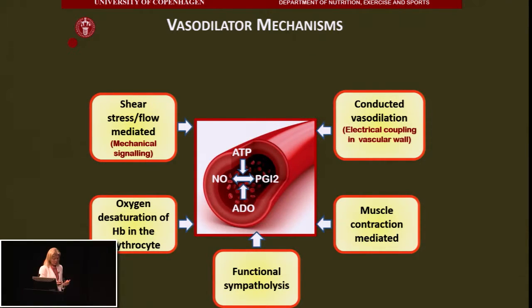We won't go through them in detail, but just to mention some, we have mechanical signaling here, so shear stress, flow mediated. That's the frictional force that the blood flow exerts on the endothelium, and that leads to production of vasodilators. We have conducted vasodilation. This is an electrical coupling in the vascular wall.